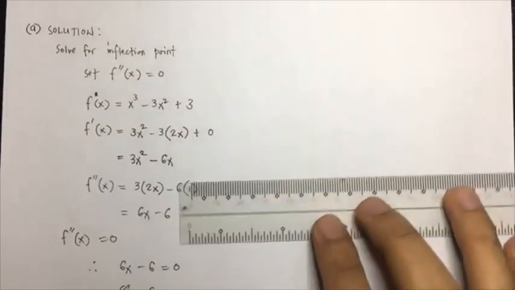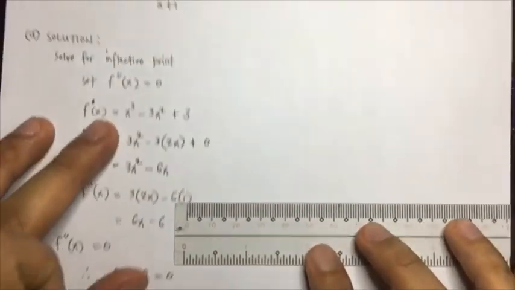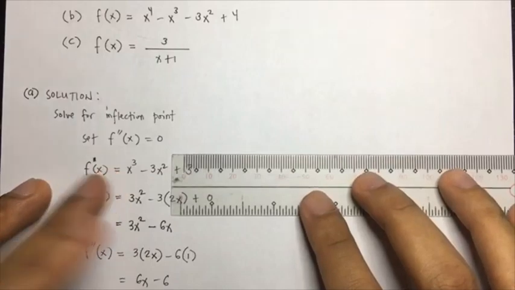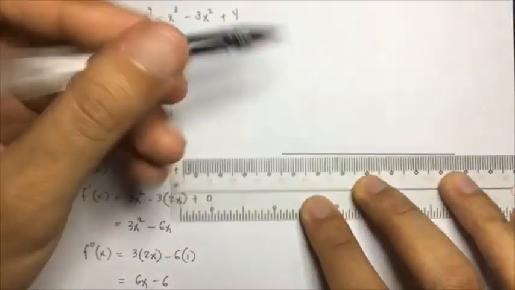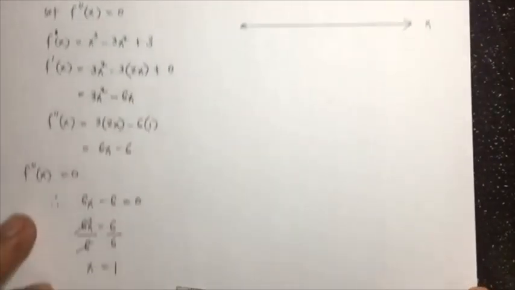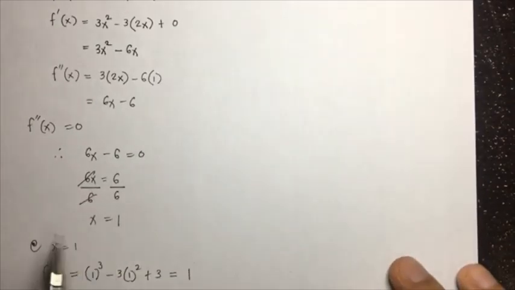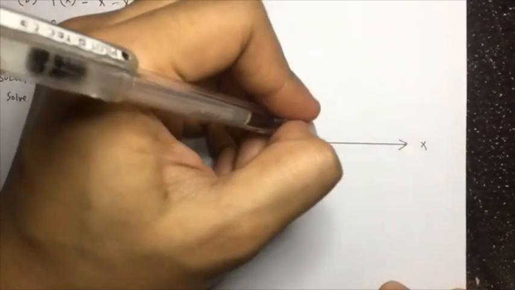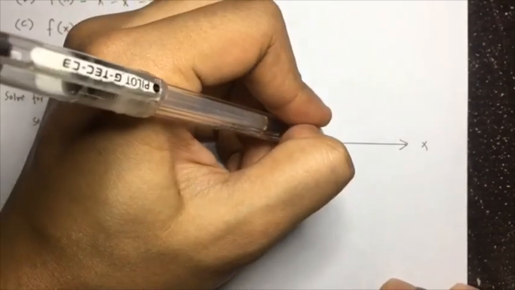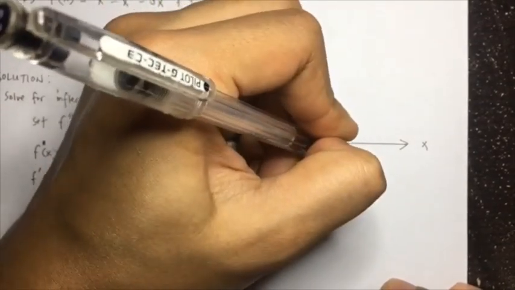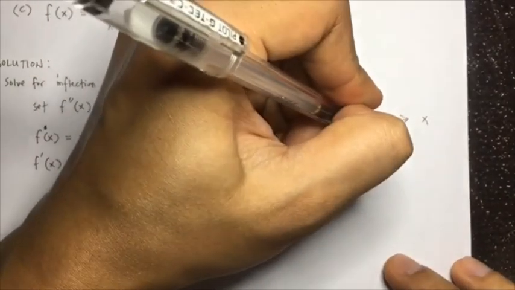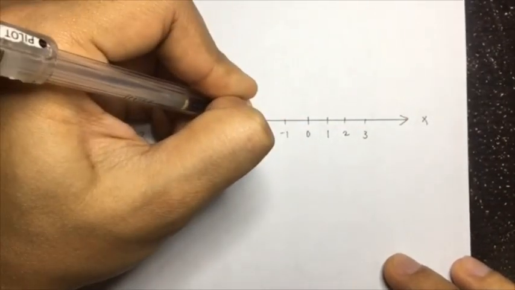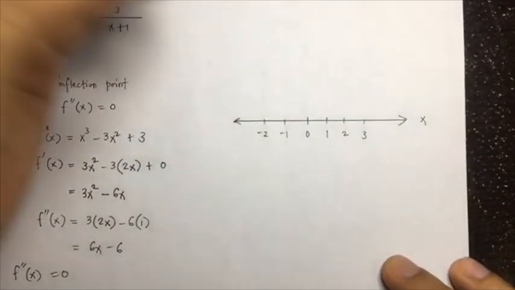The next step is solving for the intervals where the function is concave up or concave down. With that, we will still use the number line so that we know what the intervals are. This is the number line for x, and we have our inflection point at x is equal to 1. If this is 0, this is 1, 2, and so on, and this is negative 1, negative 2, and so on.